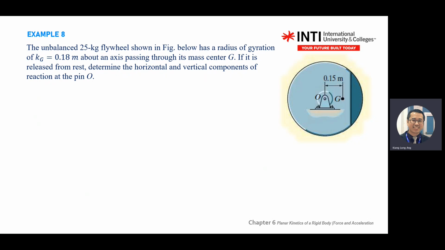So when you do balancing, you see the mechanics insert some steel plate on the rim there. That is the reason why they do balancing. So if the unbalanced mass is given, and radius of gyration k is given, you need to use the gyration equation.